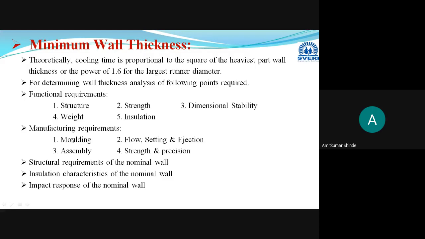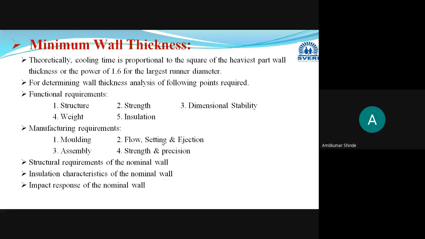Some manufacturing requirements, and that you have to consider, is which molding process you are going to use. Then what will be its flow characteristics. Its flow characteristics setting is nothing but how much time it will take to complete its solidification process.